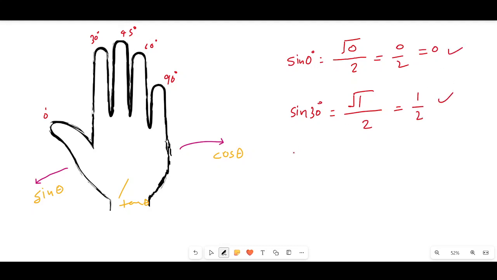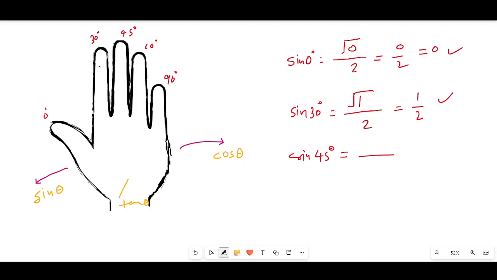Now what is the value of sine 45? Recently I have found it, it will be 1 by root 2. Now how? Clear?